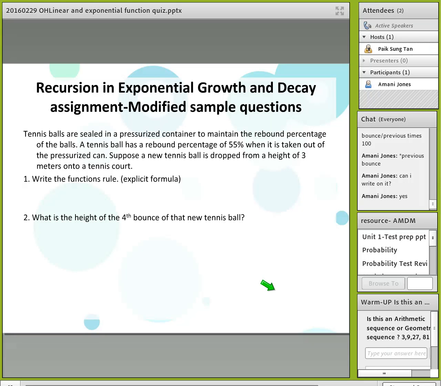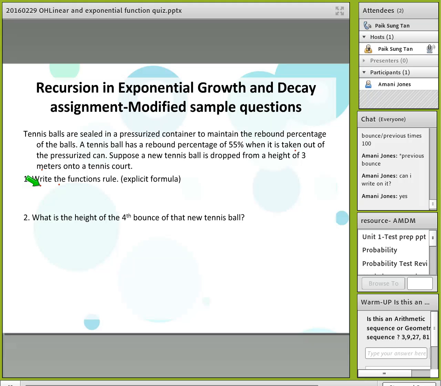All right. Tennis balls are sealed in a pressurized container to maintain the rebound percentage of the balls. A tennis ball has a rebound percentage of 55% when it's taken out of the pressurized can. Suppose a new tennis ball is dropped from a height of 3 meters onto a tennis court. Write the function rules. Explicit formula.